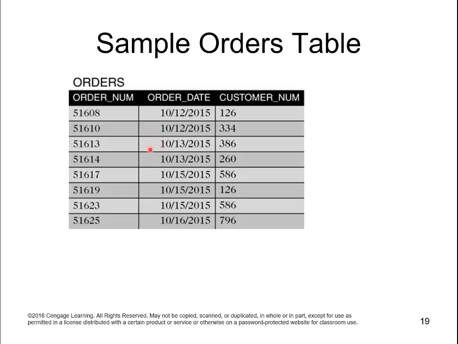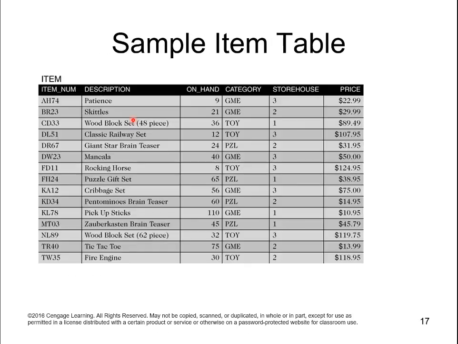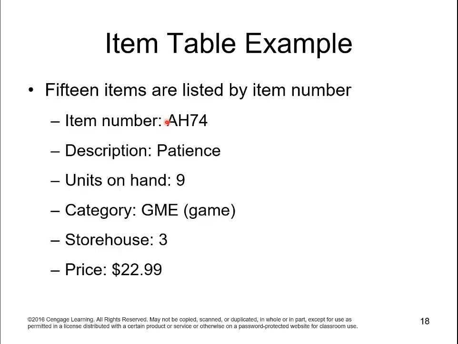So let's go back for a moment and we see 51608 was an order placed on the 12th of October, right? October? Yeah, 2015. And it was CD33. So it was a wood block set, 48 pieces.